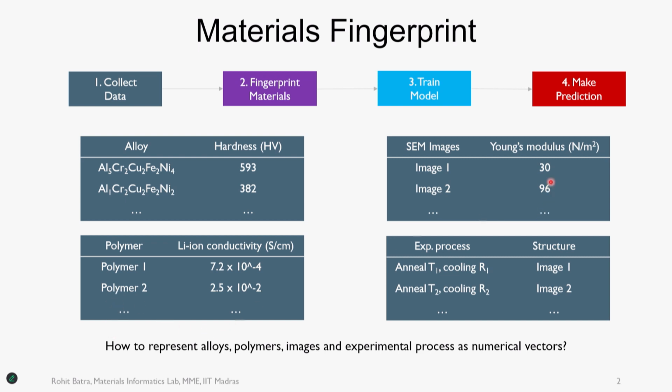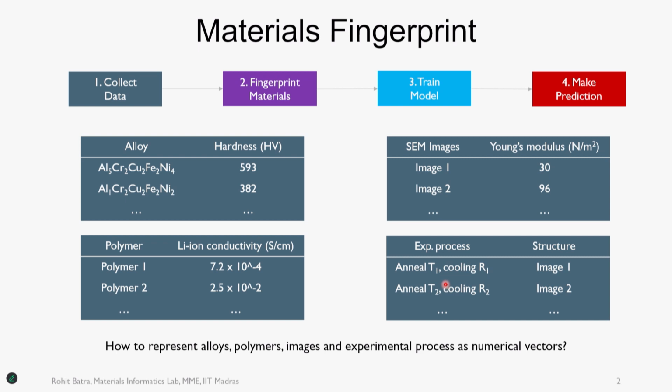Another way my data set could be, I have a set of TEM or SEM images, and for those images I know how the mechanical properties of those alloys are. So a data set need not necessarily be composition and that thing. It could be a set of images, and associated with that I know my mechanical properties.